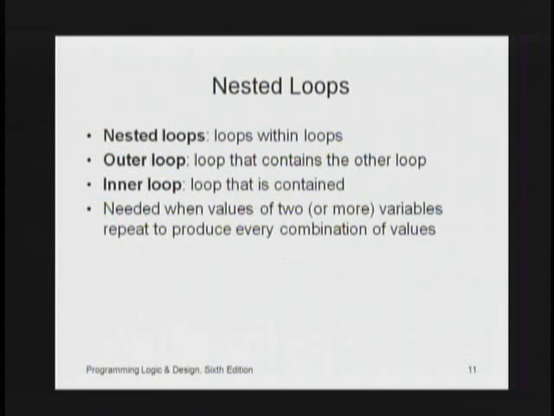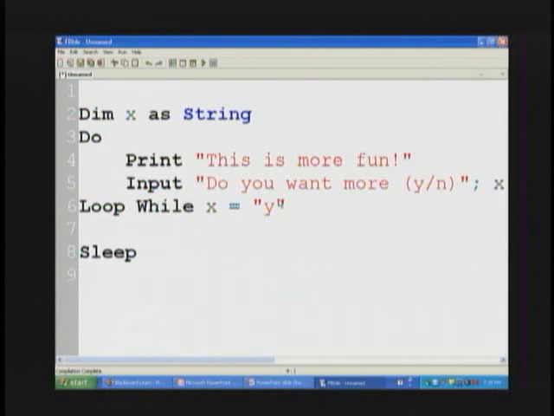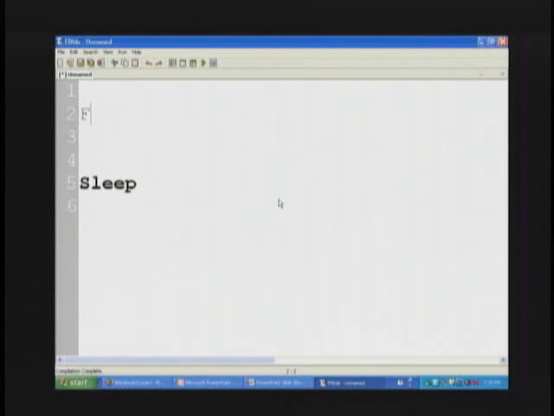Well, there are nested loops, and we haven't done too much with nested loops yet, but just to show you one, let's do it this way. For years equals 1 to 10.